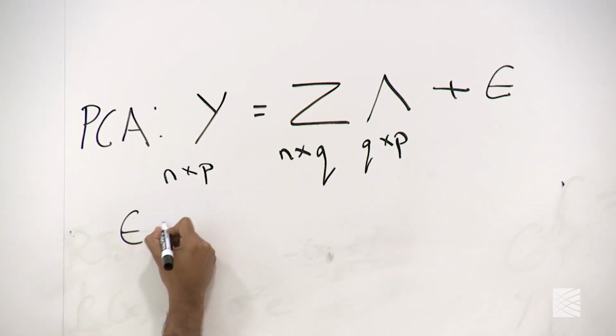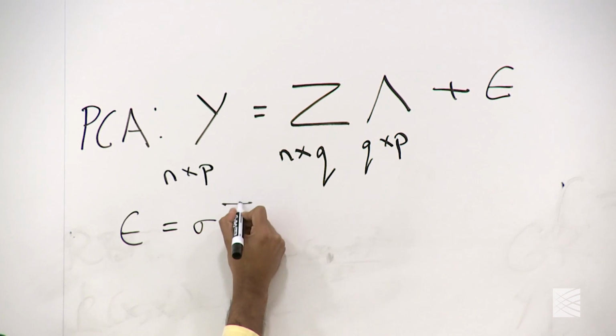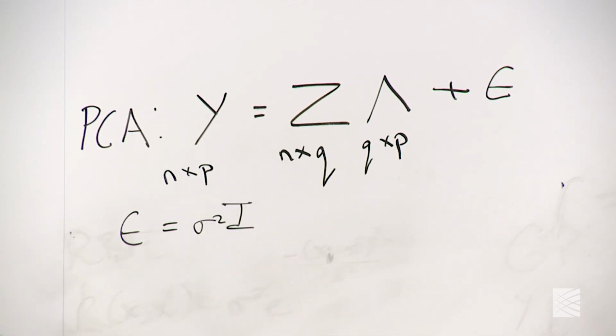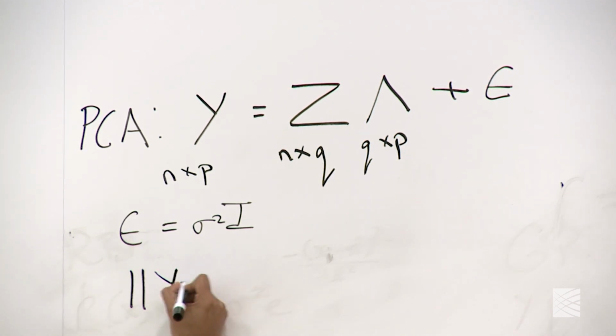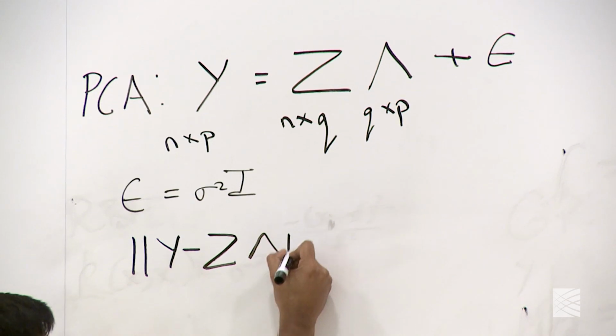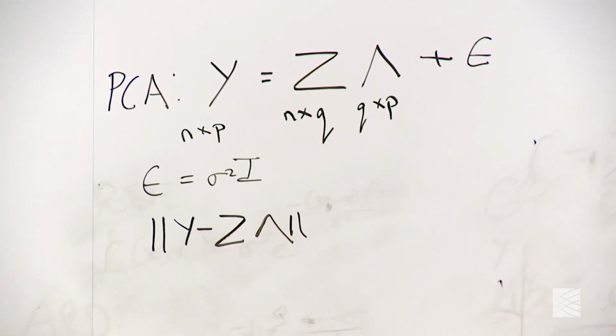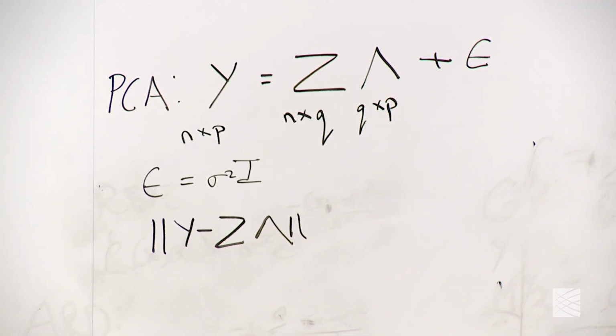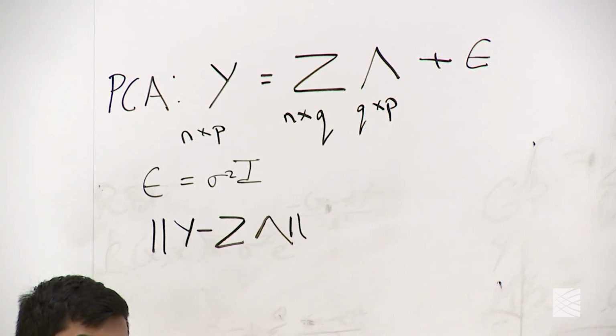And here, the noise is the same across all features. And we solve this using SVD. We minimize y minus z lambda. You can also put this in a probabilistic perspective and learn posteriors by saying z is drawn from a normal 0, 1, and y is normal with mean z theta and some error epsilon.